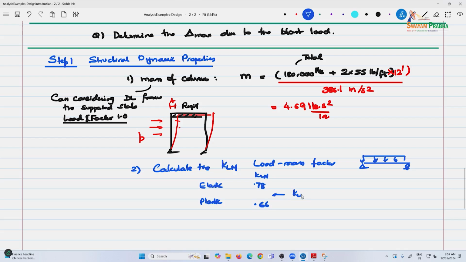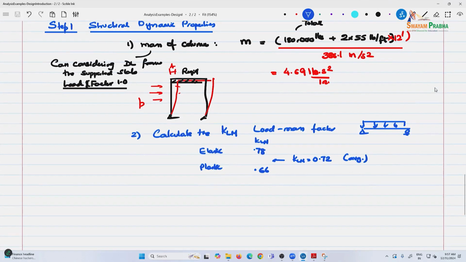So, the average KLM is equal to 0.72. I have given you a number of other scenarios, especially if it were fixed at the top but moving, then the case is going to be a little different. Then you will have to make some approximations, but all of them come from Biggs.